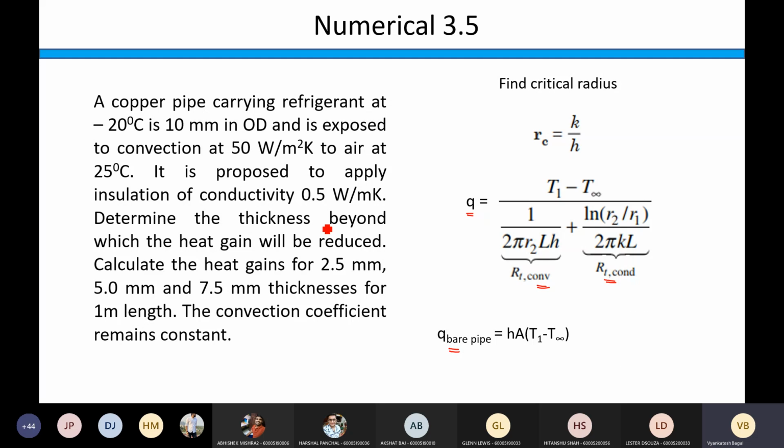And then you find Q when you have the radius of base radius plus 2.5 mm thickness, base radius plus 5 mm thickness, and base radius plus 7.5 mm thickness. Then check whether you are getting these values or not.